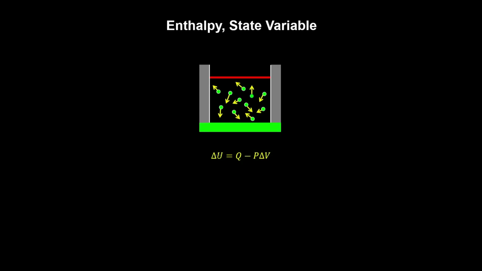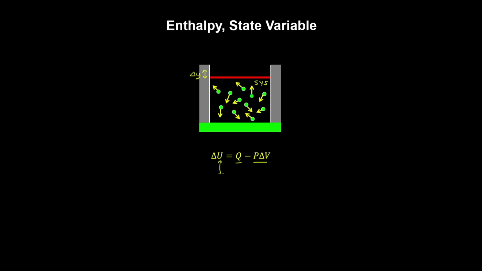Recall the first law of thermodynamics, which says that the change in internal energy of the system we're analyzing is equal to the heat going in or out of the system and the work done on or by the system. So if the change in volume is positive, then the system expands and the internal energy decreases.